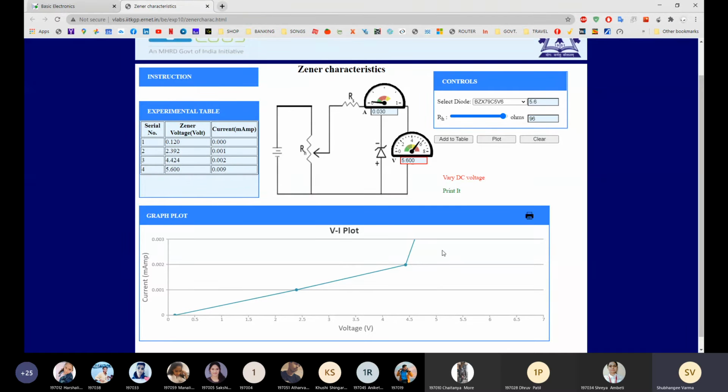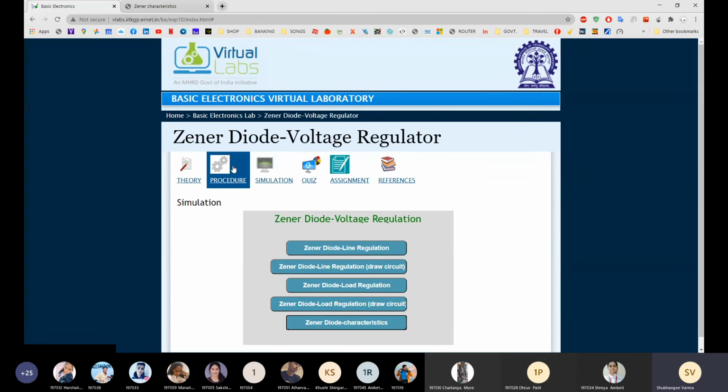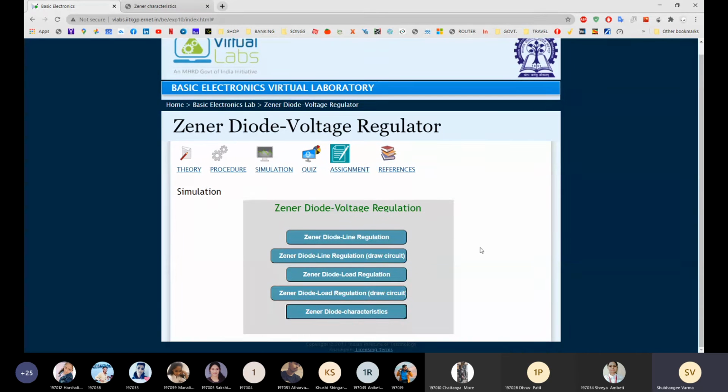So students, today we'll perform only this, and in the next lecture, tomorrow, we will perform load and line regulation. Here you have to click on this experiment, Zener diode voltage regulator, and perform Zener diode characteristic.